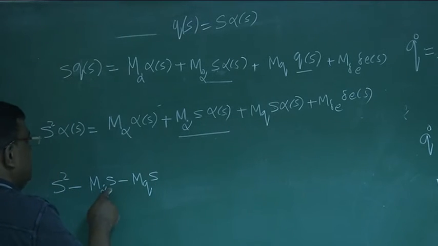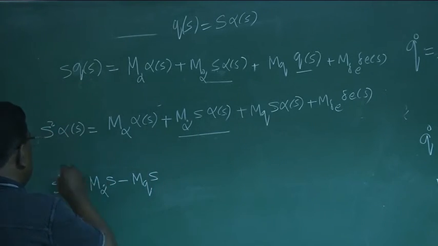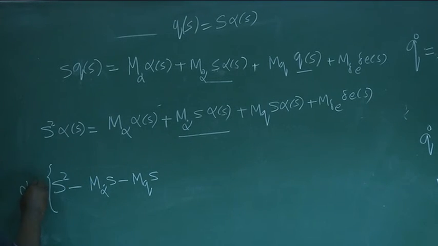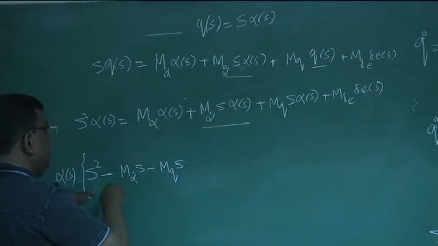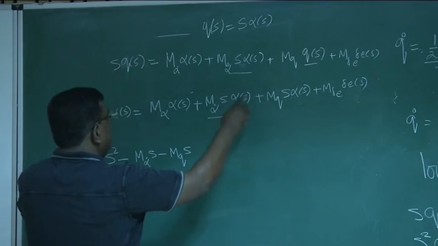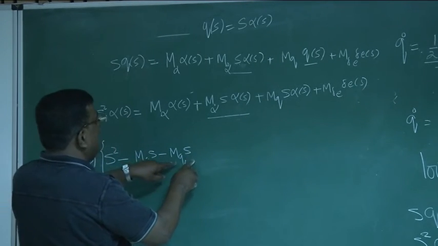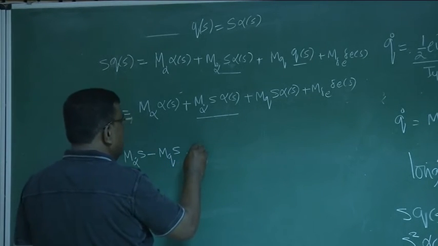I'm trying to take alpha S common. So for this S square, for M alpha dot I bring it here, so this will be S M alpha dot. M Q I'm taking here, so it will be M Q S. Okay. Now M alpha I take it here, so it will be minus M alpha.